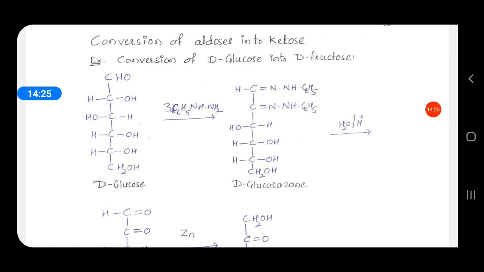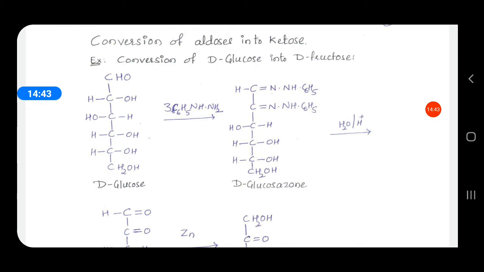We already studied this reaction, that is when glucose, or aldoses or ketoses, carbohydrates, are treated with excess of phenylhydrazine, they form corresponding osazones.